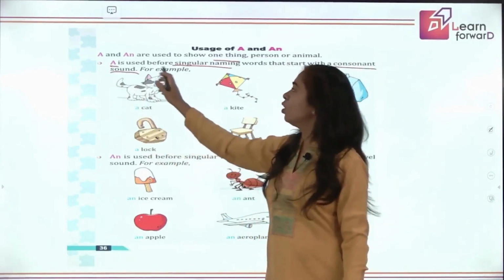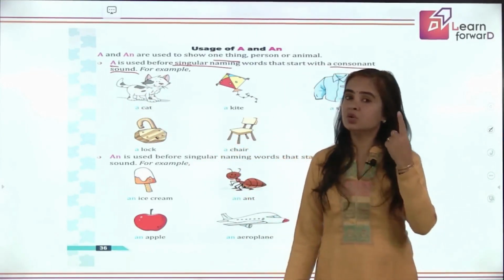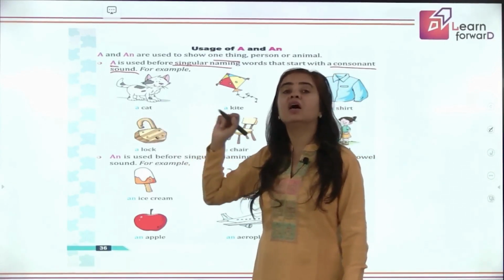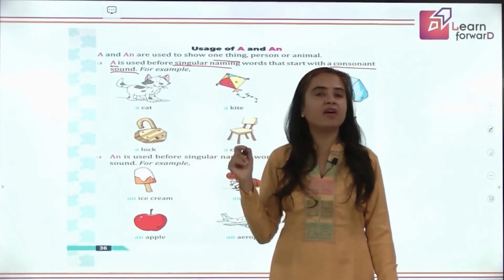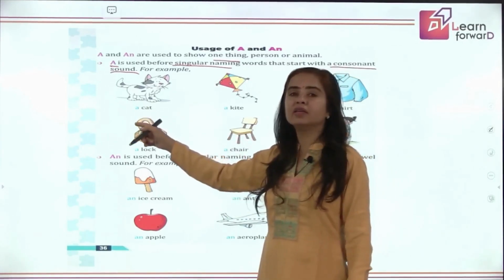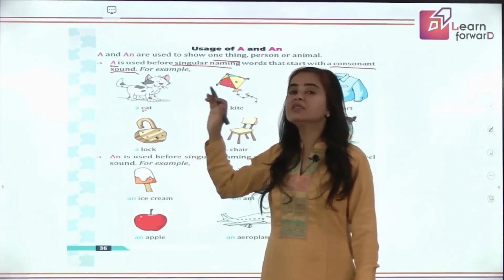So if I talk about this, what is this? Cat. How many cats? There is only one cat. So rather than saying one cat, I say a cat. I don't say I have one cat. I say I have a cat. That means one cat. Now I look at the sound. It's a noun. It is one.